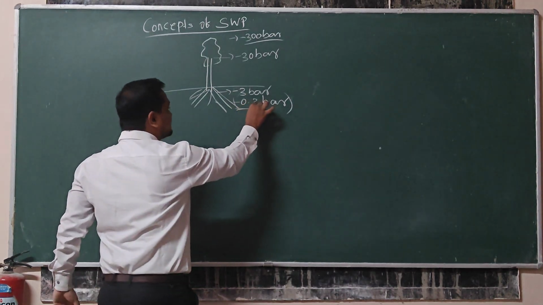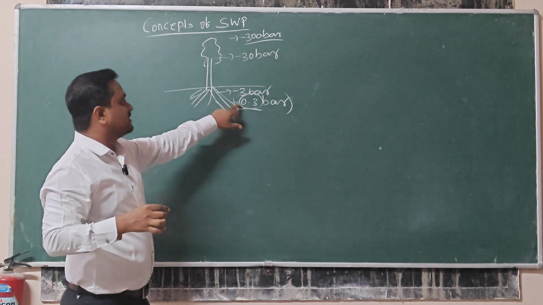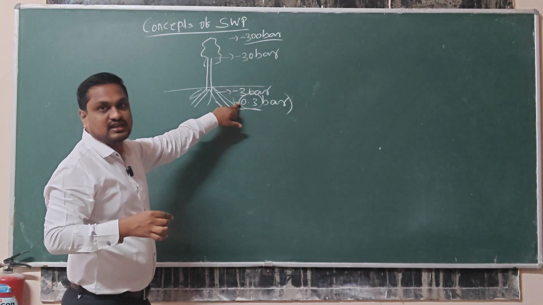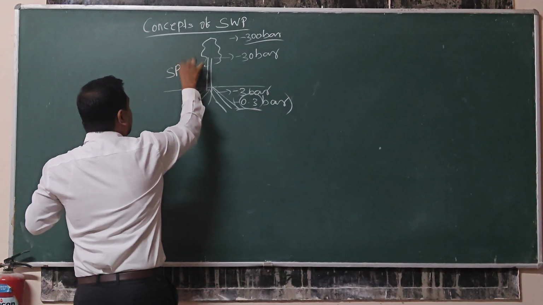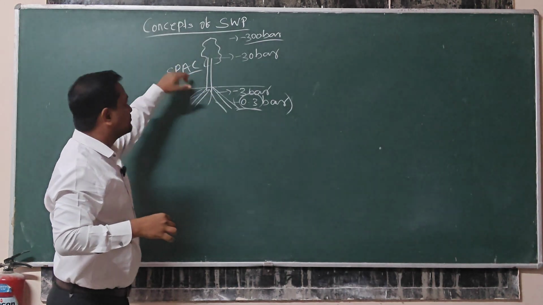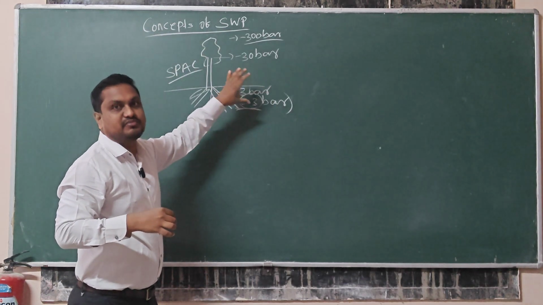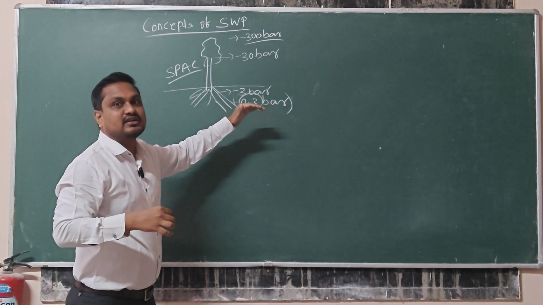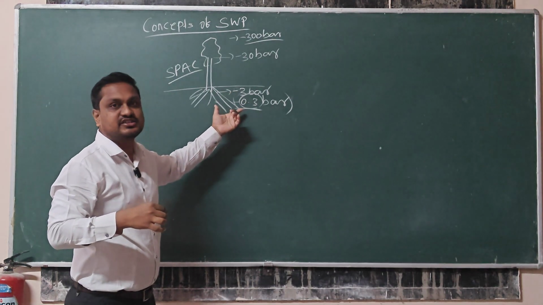As the water potential decreases here in minus terms, you can see the highest water potential is compared to this. We call this SPAC, the soil plant atmosphere continuum. This is a continuous process. Rainfall happens, water will be free, energy flow will be there, then water content will decrease and it will acquire some energy state.